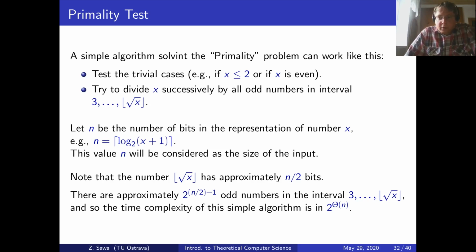So it's much smaller than 10,000. But if we take the number of bits needed to represent the input number x as the size of the input, so let n be the number of bits, then we know that the square root of x needs approximately half of n bits.